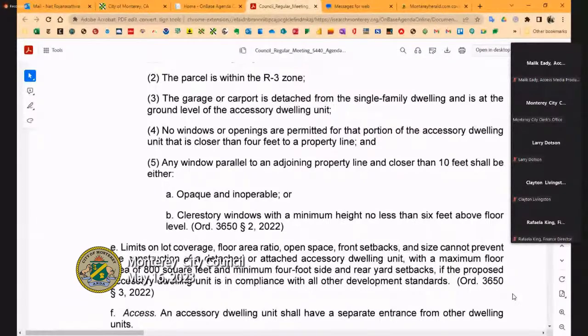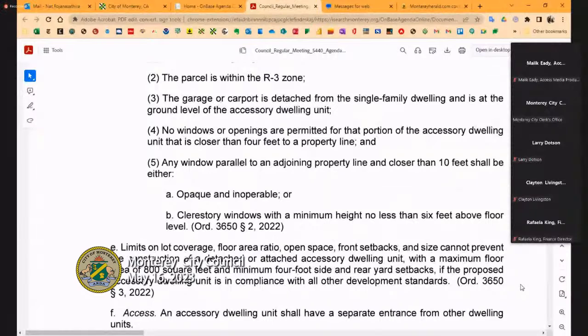So as they've designed it, it doesn't meet this standard because in the building code you have to have egress out of bedrooms. There is a way to design the project to make it comply, but it would make it smaller than they would want it to be. The windows would have to face towards the front of the property. And maybe the bedrooms would have to go in front of the living room, which would probably take away their views from their living room that they're trying to also achieve.